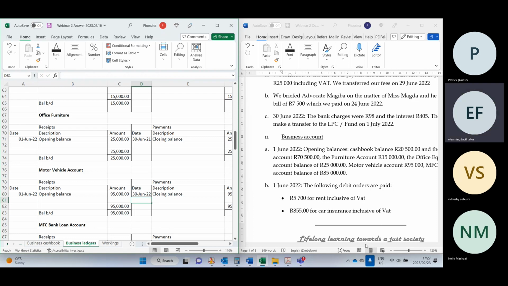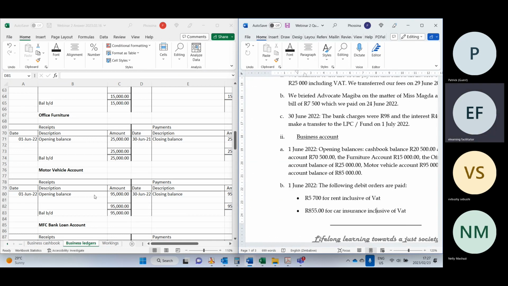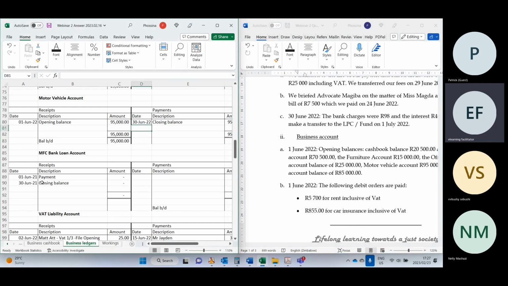Okay, and then we also have the MFC bank loan account, 85,000. So this is MFC, 1 June 2022, with an opening balance. Oh, sorry. Let's do this.